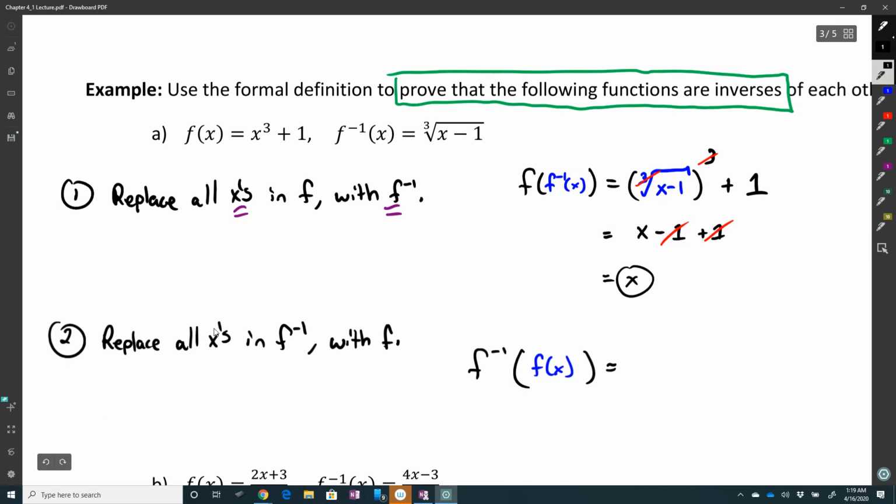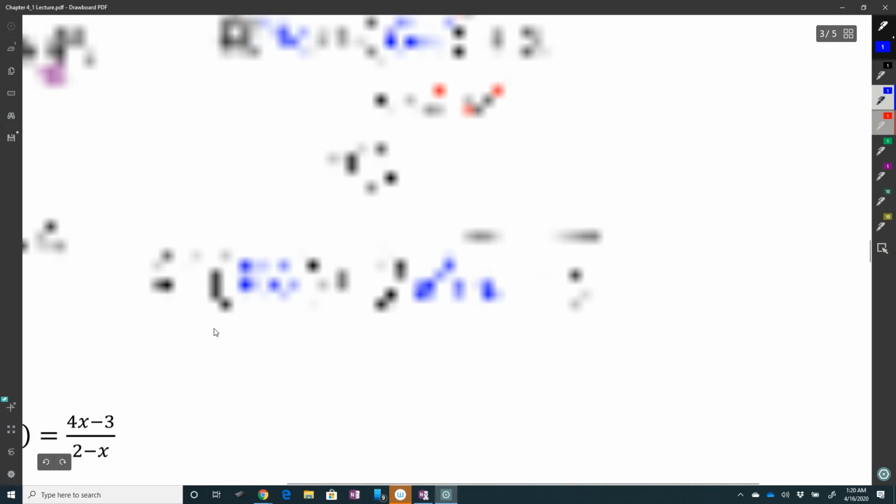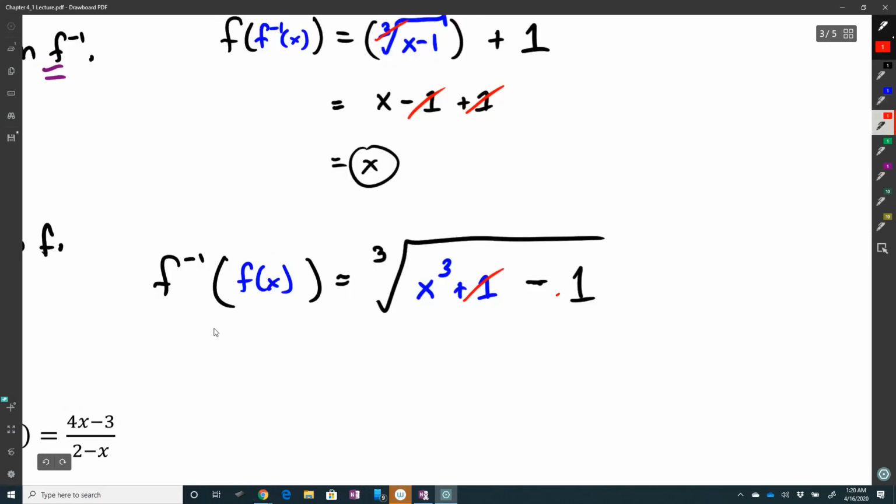So f inverse is the cube root of x, and then minus 1. And so what goes here is f of x. Okay? And if it truly is the inverse, they'll cancel each other out.